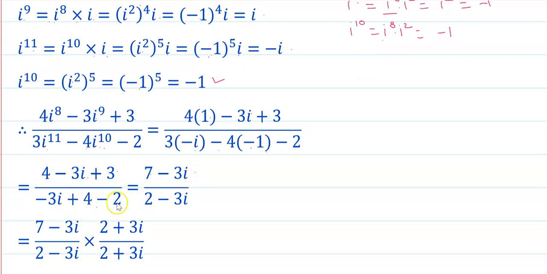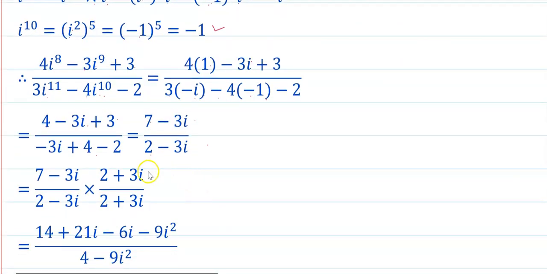Next, 4 minus 2, this is a 2. 2 minus 3I. Now again multiply numerator and the denominator by the conjugate of 2 minus 3I. What is that? 7 minus 3I upon 2 minus 3I into 2 plus 3I upon 2 plus 3I.